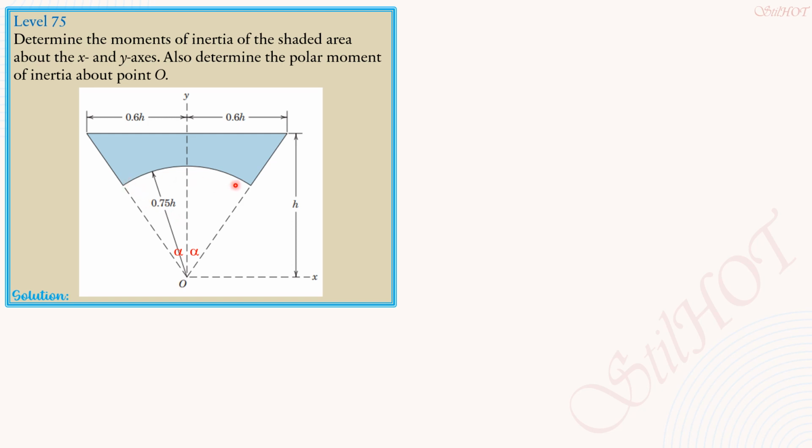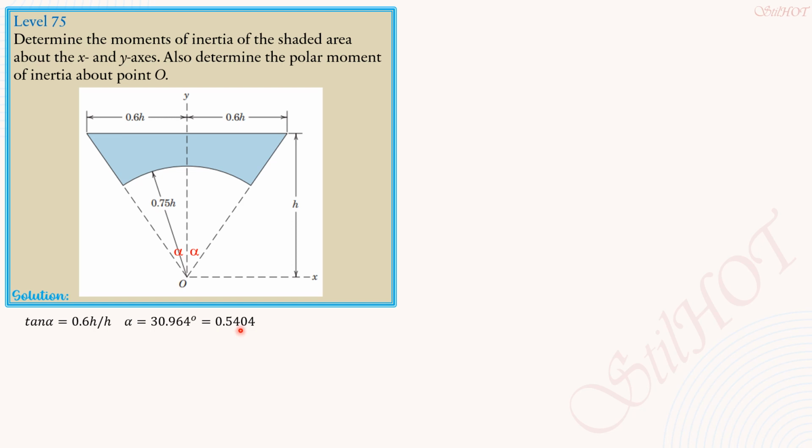By the way, tangent of alpha is 0.6h over h, so tangent alpha is 0.6, alpha is arctan of 0.6, and that is 30.964 degrees, or in radians, times pi over 180, that's 0.5404 radians.